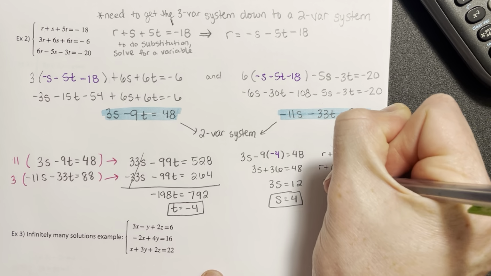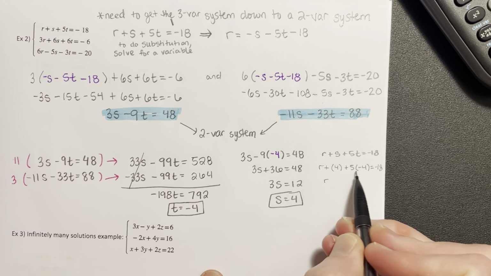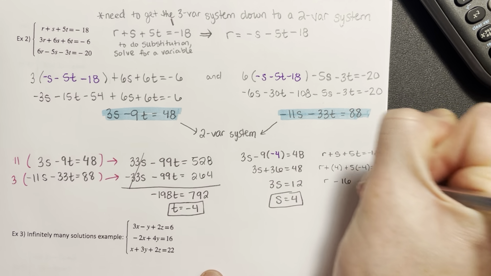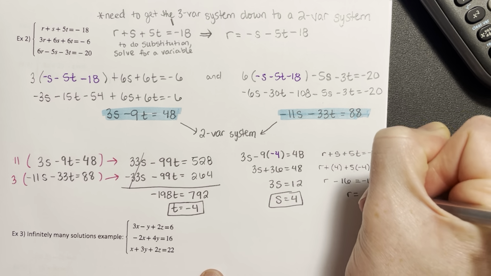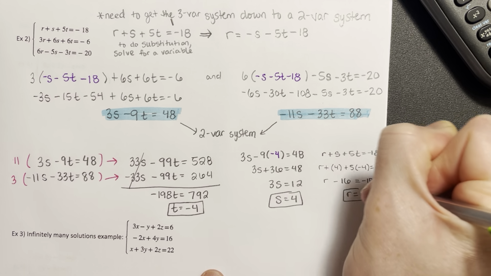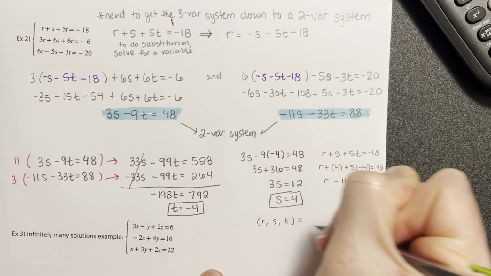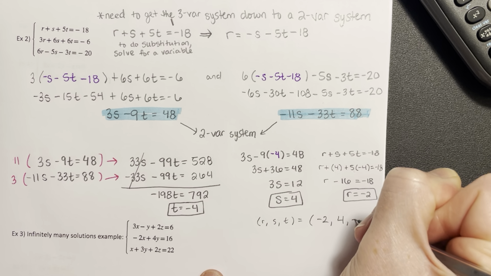That would be r plus 16, sorry, minus 16. Negative 20 plus 4 would be minus 16, equals negative 18. And we add 16 to get negative 2. In this case, our r, s, and t is equal to negative 2, comma 4, comma negative 4.